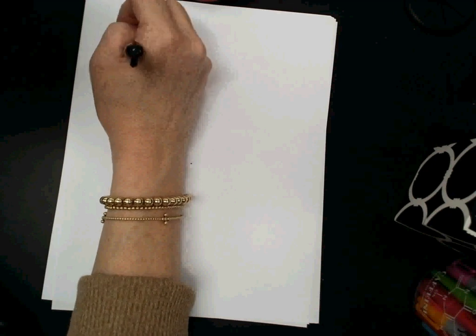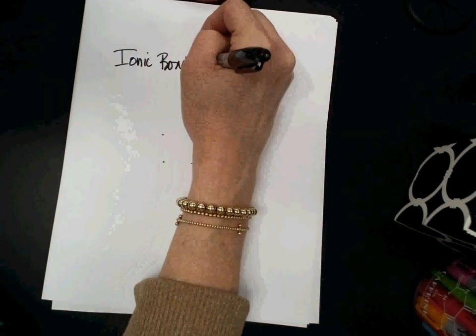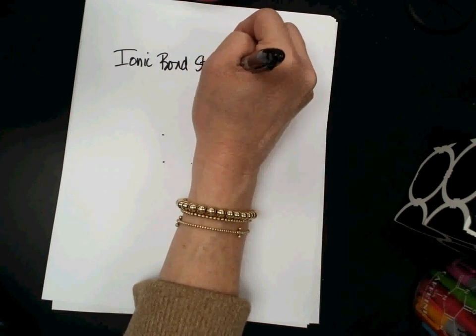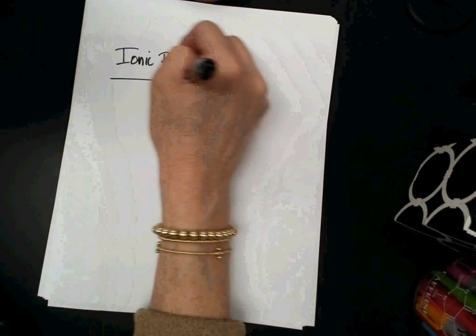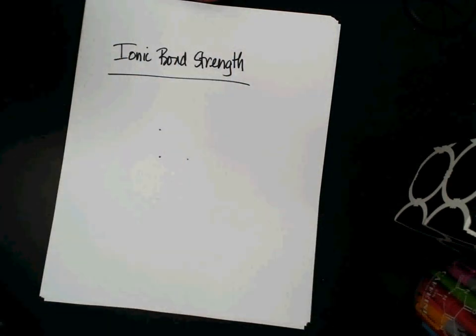All right, so I want to look at ionic bonds a little bit more. Ionic bond strength. See if you can remember this from early in the chapter. What form do ionic compounds take?